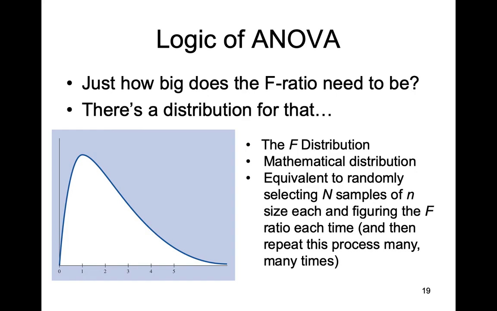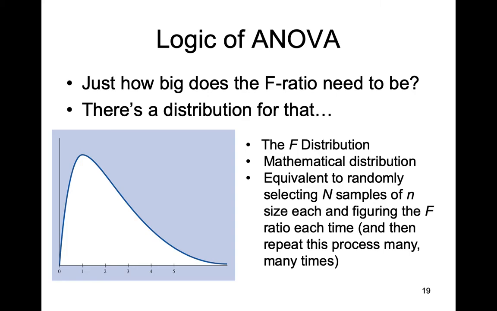So just how big does the F ratio need to be? As you might expect, there is a statistical distribution to tell us. This is the F distribution, that, much like the t distributions we've been working with, or like the normal curve, is a mathematical distribution.